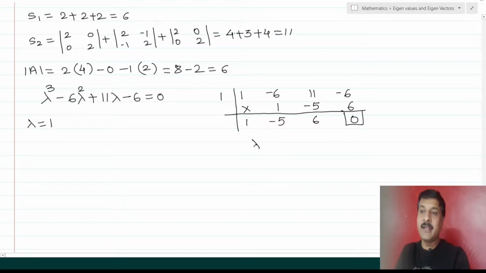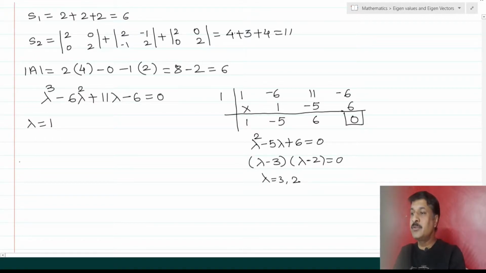From the remaining I can write the equation lambda square minus 5 lambda plus 6 equal to 0, and the factors are lambda minus 3, lambda minus 2 equal to 0. So lambda equal to 3, 2. So what are the eigenvalues? Lambda equal to 1, 2 and 3. So these are the eigenvalues.